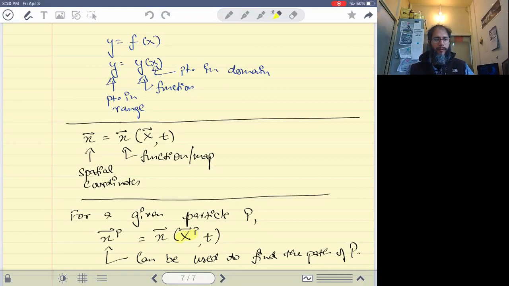It does not change because it's defined at the initial configuration, which is t equal to 0. So you feed that into the function, and for different values of time, you will get different values of the current spatial coordinates of particle P, which is small x. So as you change your time, keeping capital X of P the same, you will get different values of small x of P, which when you join them, you get the path of P.